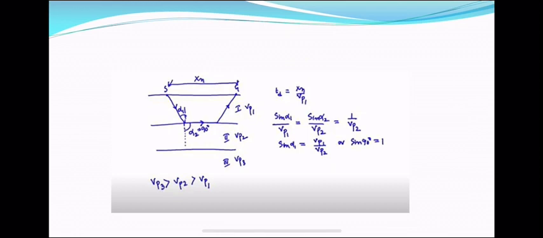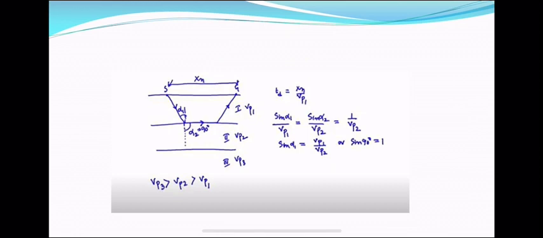If the angle is alpha 1, then sin alpha 1 divided by VP1 equals sin alpha 2 divided by VP2, which is equal to 1 by VP2.